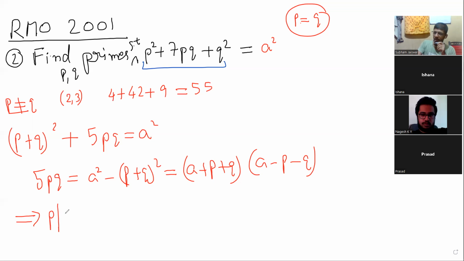So P will divide one of the factors. Does everybody agree? I mean, P will divide this or P will divide that. This may be a very silly, very simple thing, but do you agree with it? Do you know this?